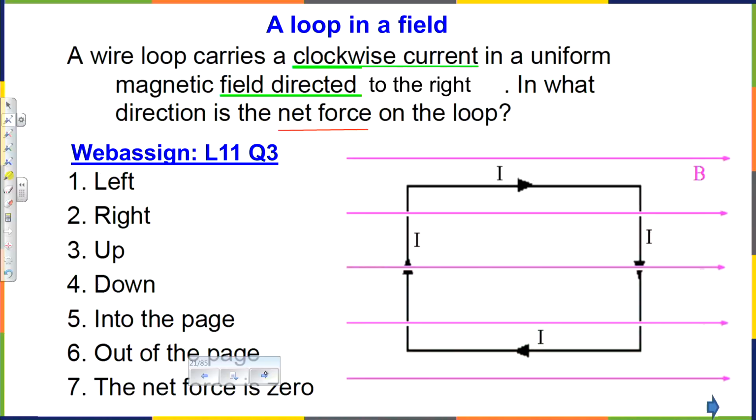So we know a loop with magnetic field is acting like a magnet, and an external magnetic field should affect. The question is how. So what do you think about the net force acting from this magnetic field on this loop?